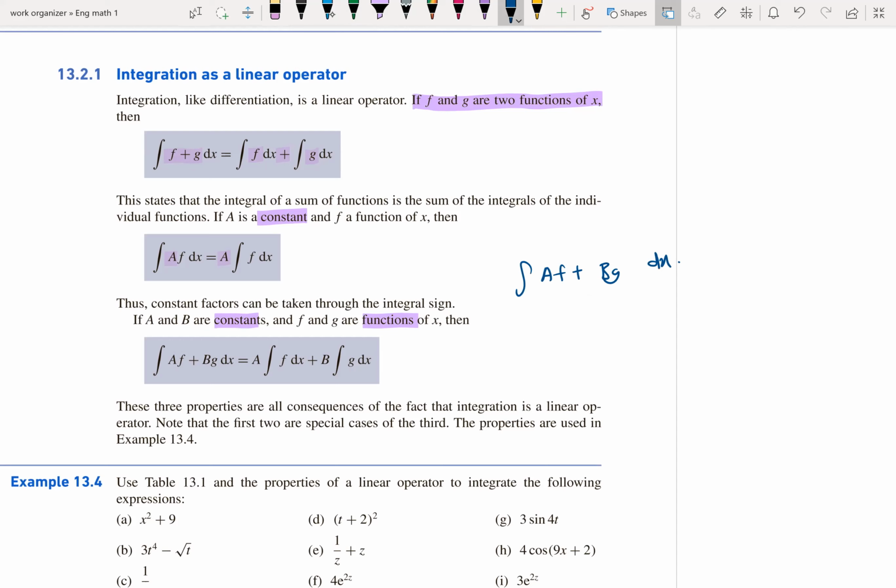First we just separate the functions: af dx plus bg dx. Now the constants, one by one. So a will be outside, f dx, plus b will be outside, g dx.